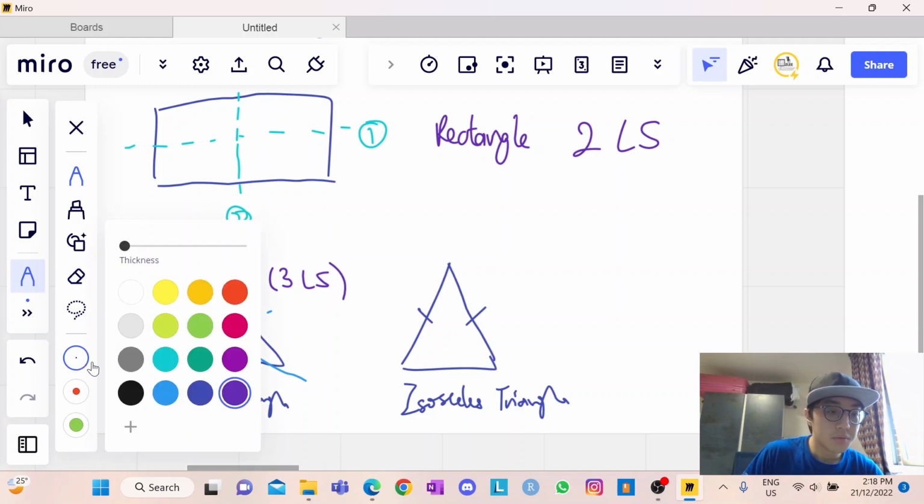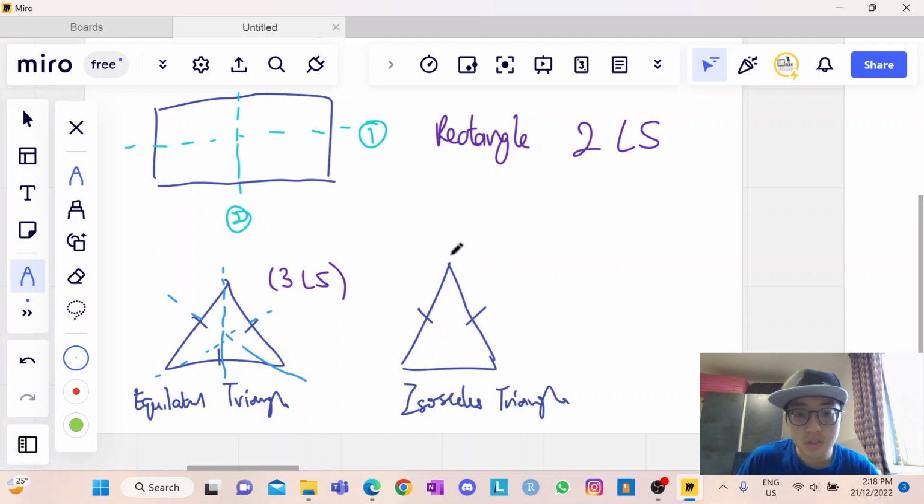But that's not the same case for an isosceles triangle. If you cut the isosceles triangle from the corner between the two same length sides to the middle, this is one line of symmetry. However, you cannot do the same for the other corners because the left side and the right side have two different lengths.